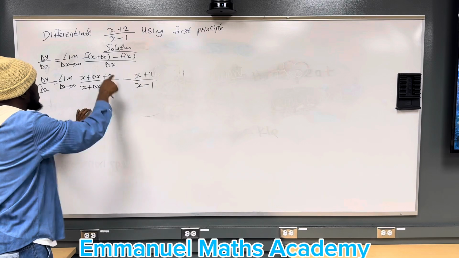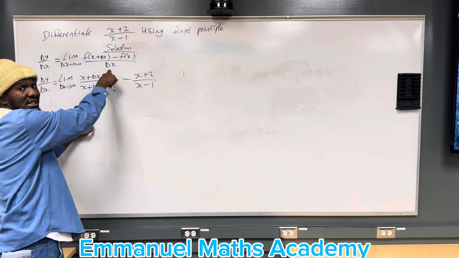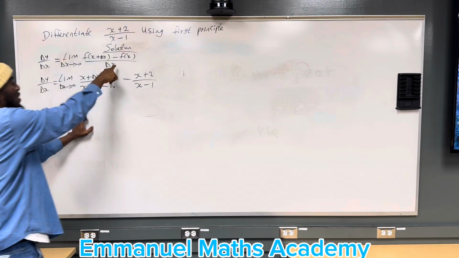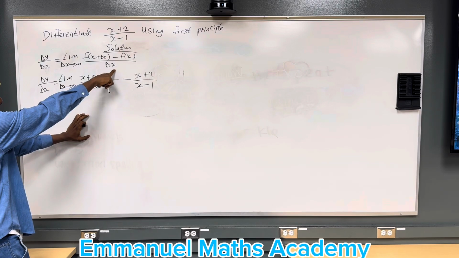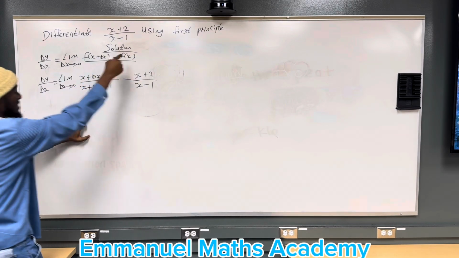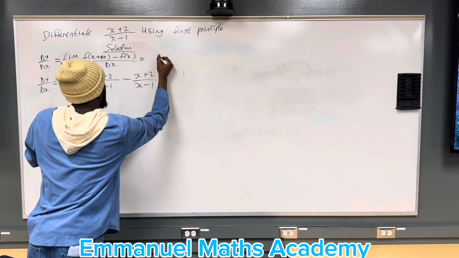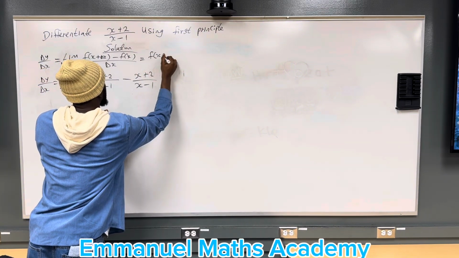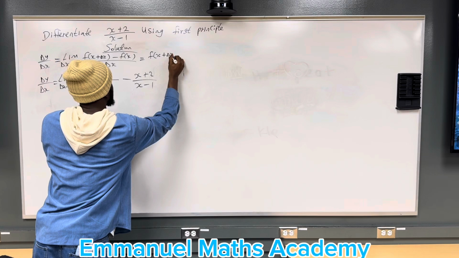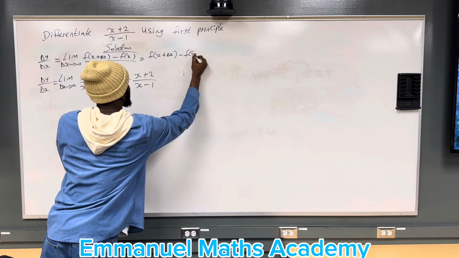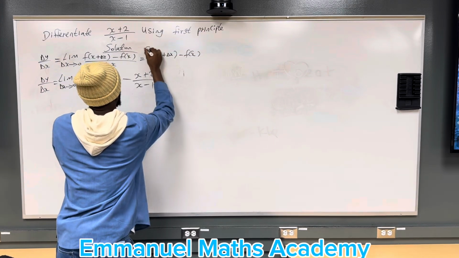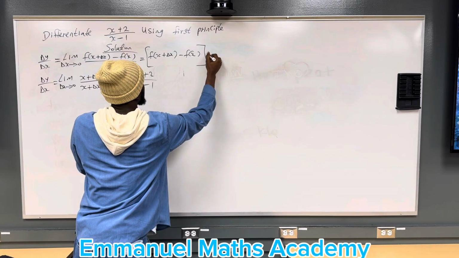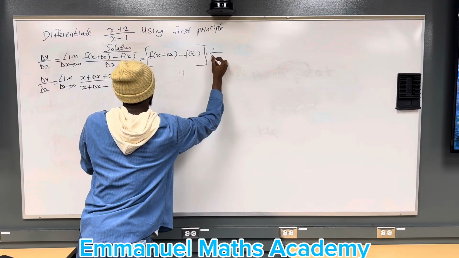Now, all these over delta x. Note that from here, you can actually separate this from delta x. This could be equal to all of f(x + delta x) − f(x), times 1 over delta x.